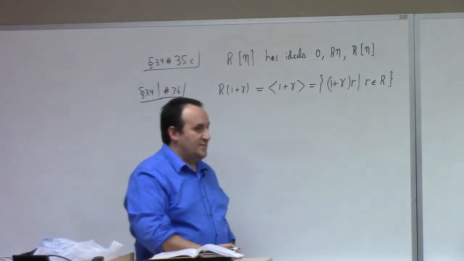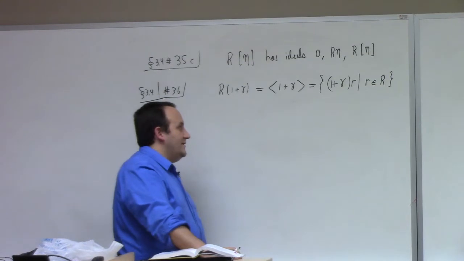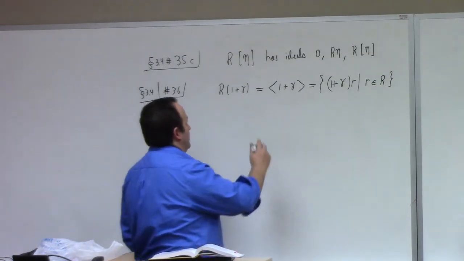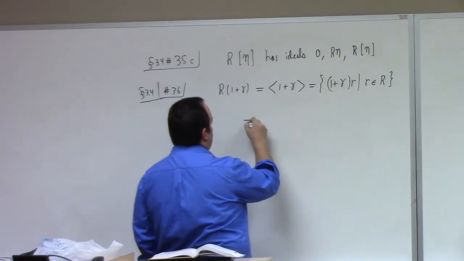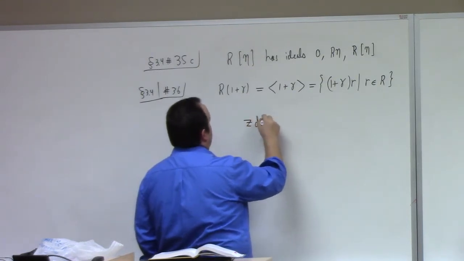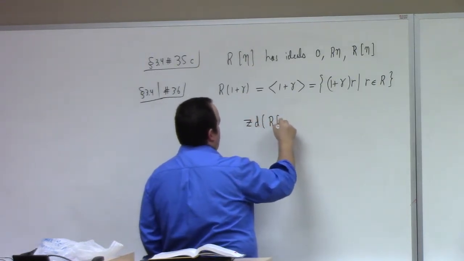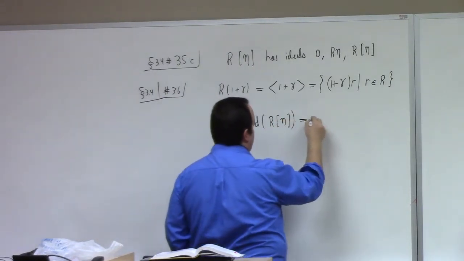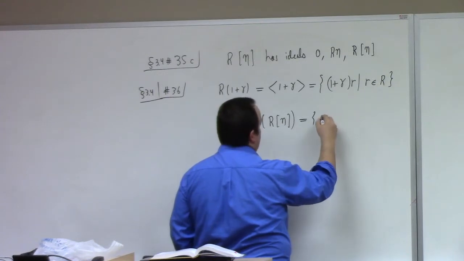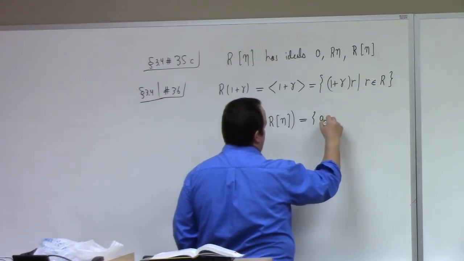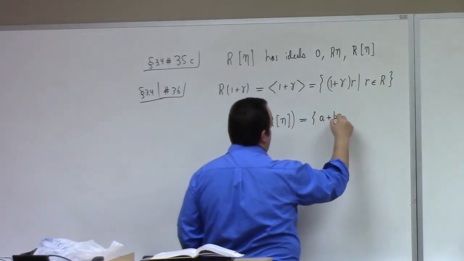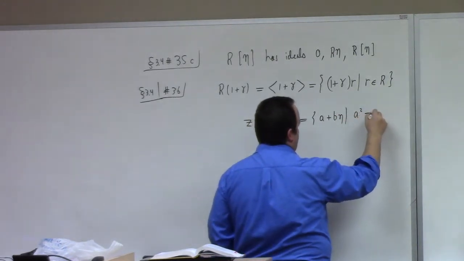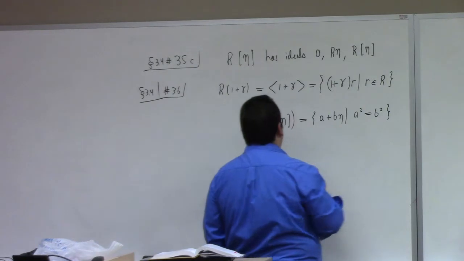And then I stumbled upon the comment that if you pick anything that's not of the... basically the point is the zero divisors of R adjoin eta are exactly, you can prove this, a plus b eta such that a squared is equal to b squared, right?